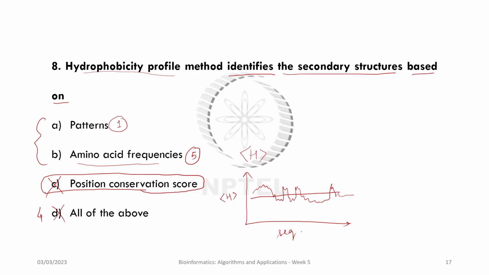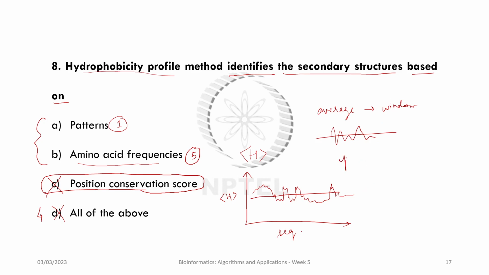So, correct. We use hydrophobicity indices, hydrophobicity scores. Sometimes we average it over a window length. Sometimes we take the absolute scores and plot it, right?